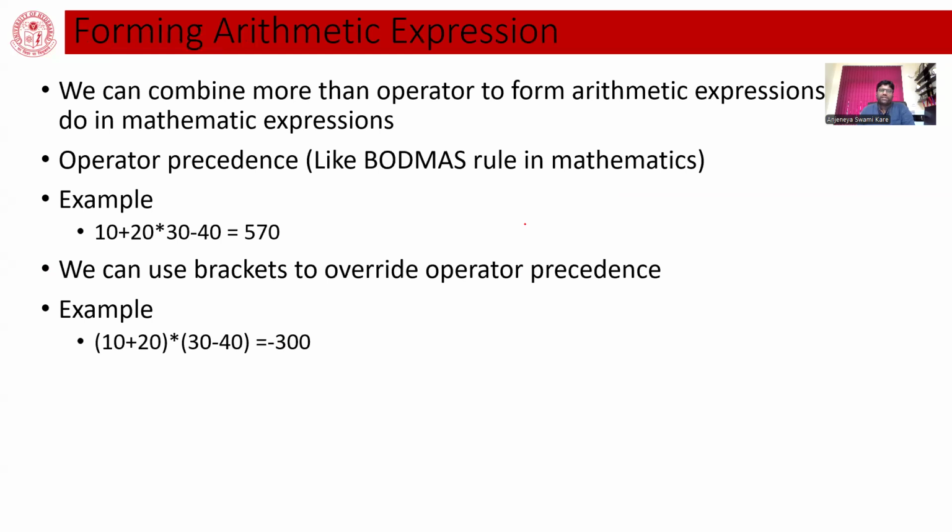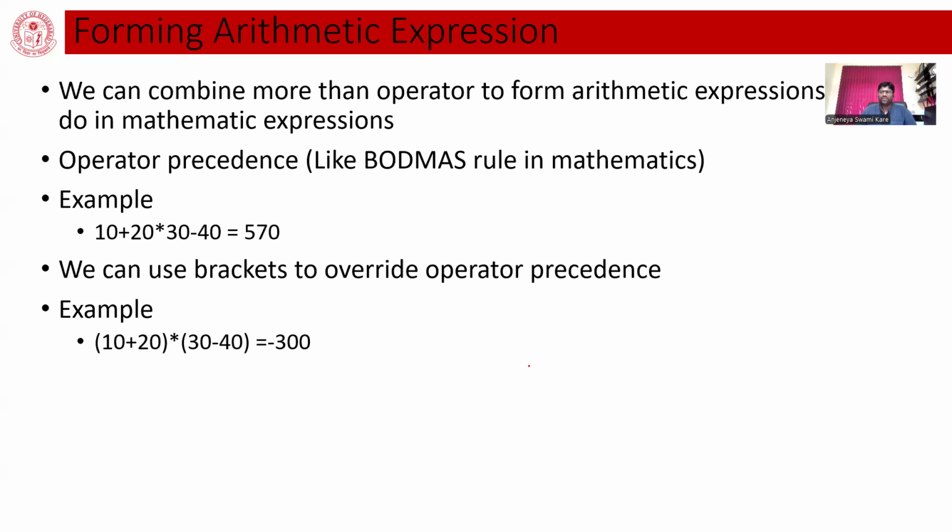So how do you form arithmetic expressions? We combine one or more operators to form arithmetic expressions like we do in mathematical expressions. In mathematics, we have a lot of expressions, right? In the same way, how do you evaluate a mathematical expression? We have the BODMAS rule in mathematics, which says brackets, of, division, multiplication, addition, subtraction.